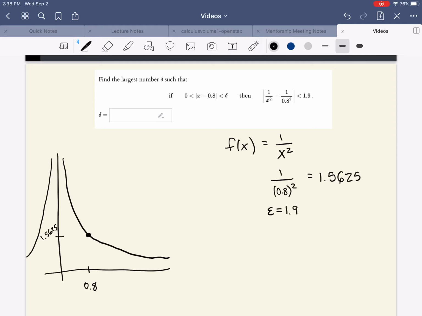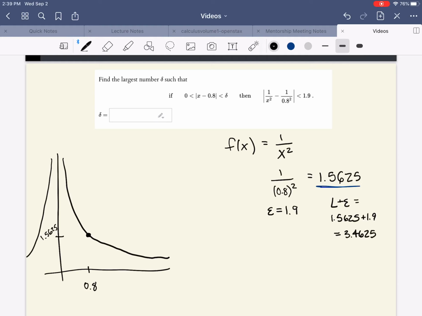So think about taking this number here and adding 1.9 to that and subtracting 1.9 from that. So L plus epsilon will be 1.5625, our actual limit, plus this value. So that will be 3.4625.